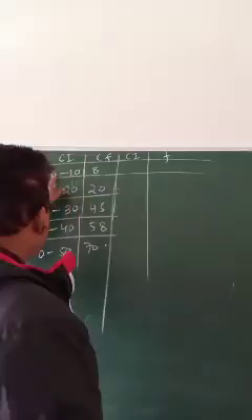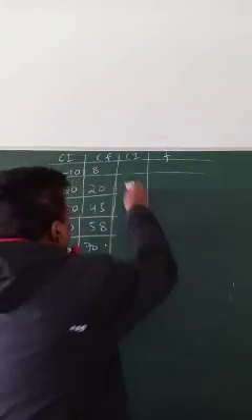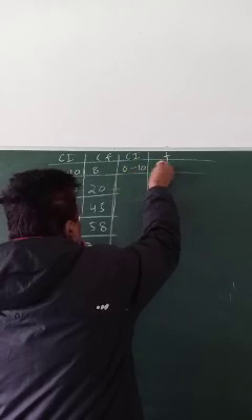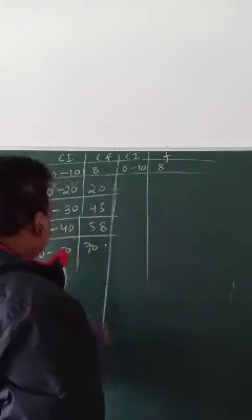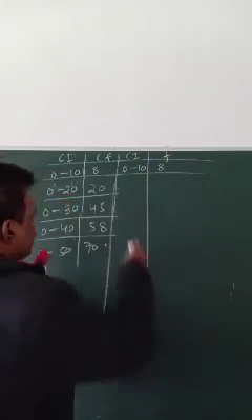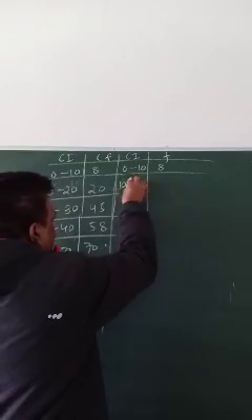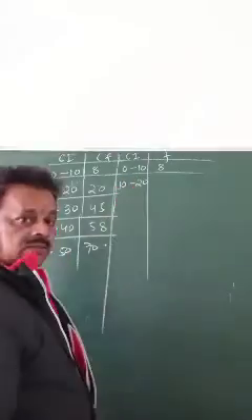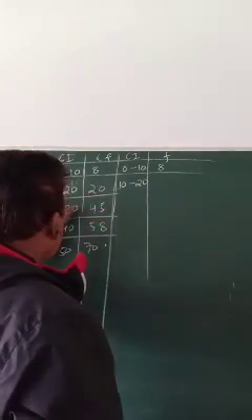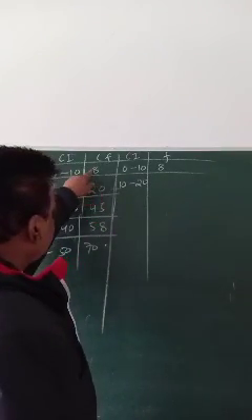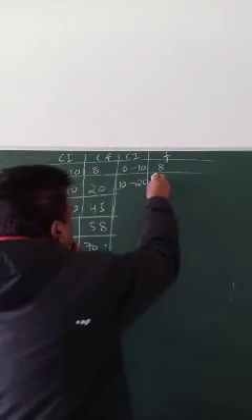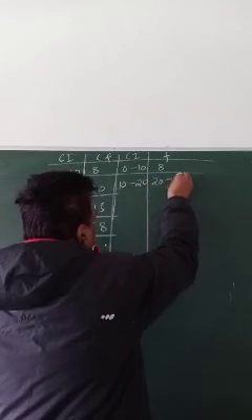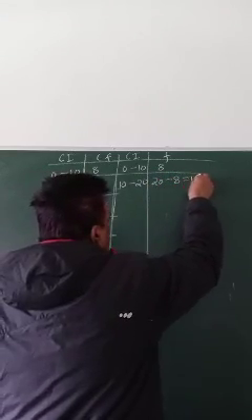First you see 0 to 10 is 8. What is 0 to 20? So break off. 10 to 20: 0 to 20 is 20, from 20 you subtract 8. That will be 20 minus 8, which is 12.